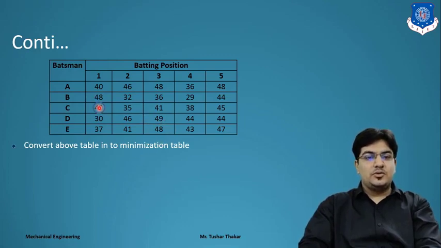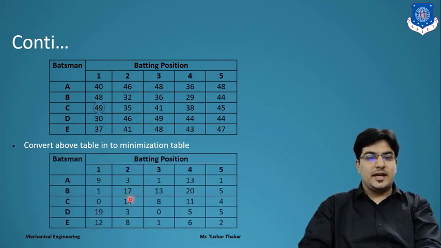So we subtract the other values from 49 and we get the table below. So 49 minus 40, that is 9, 49 minus 46, that is 3, 49 minus 48, that is 1, 49 minus 36, that is 13, 49 minus 48, that is 1. This table shows the minimization table.